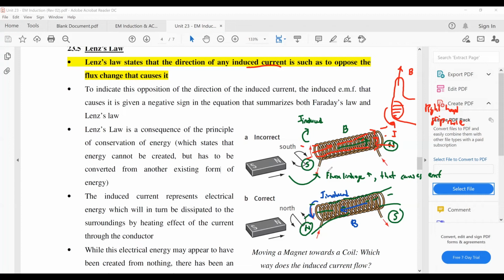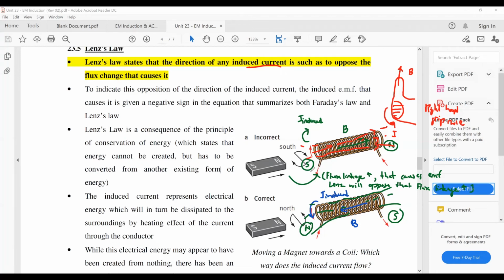Moving from here to here is the flux linkage increase that causes EMF. Lenz's law will oppose that flux linkage increase if you view it this way. How this EMF is caused is because there's an increase in flux linkage. So Lenz's law will tell you that you will try to oppose that. You will try to flow in such a way that it won't cause the flux linkage to increase any further.